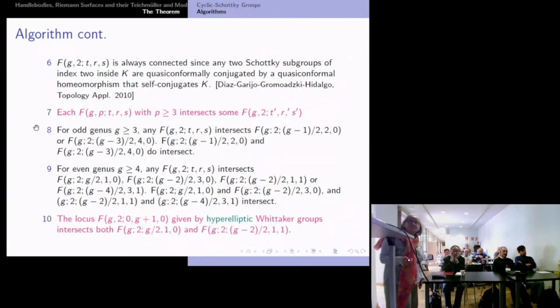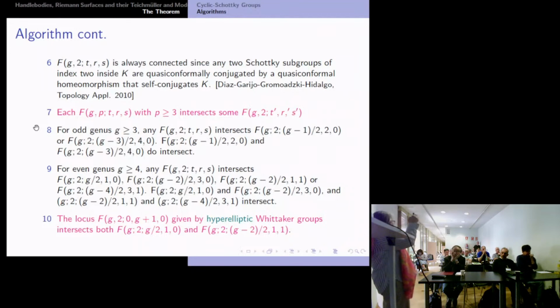And if the G is even, at least 4, this family will cut any of these 1, 2, 3, 4 families. Here the T and S are both even, here the T is odd and the S is even, here the T is even and the S is odd, and here both of them are odd.